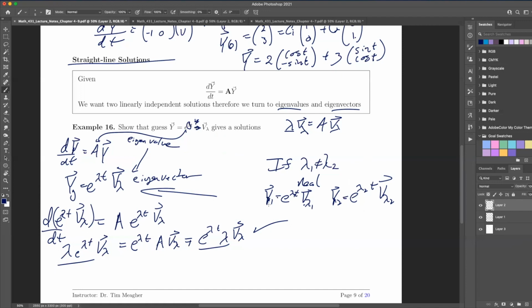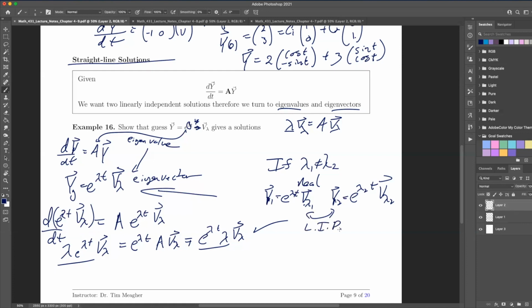So here one solution is e to the lambda 1 t times one of the eigenvectors, and the other solution is e to the lambda 2 t times the other eigenvector. Since these eigenvalues are real and not equal to each other, these should be linearly independent.